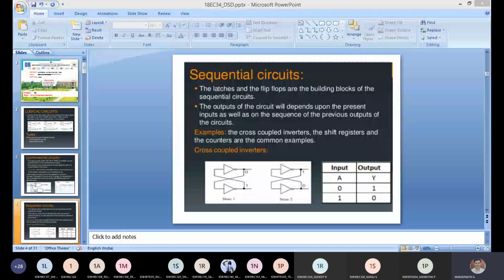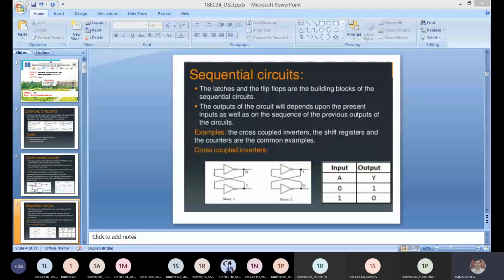What I explained is the way you represent your sequential circuit, as I'm showing with the cursor. You can see state 0, state 1 and state 2. You have inputs 1 and 0, only two inputs, so depending upon that you can align it. Since it is a bistable latch, you can connect two inverters in this format. This is how you connect your NAND, NOR, whatever they ask in the sequential circuit.